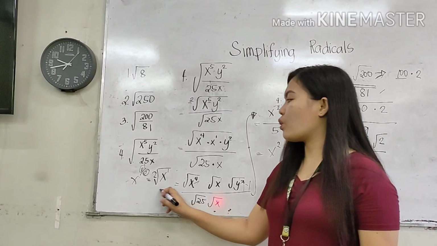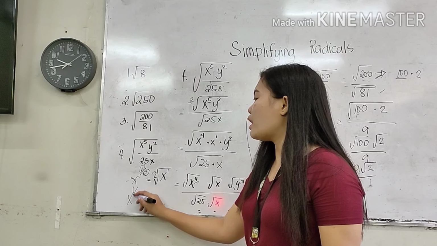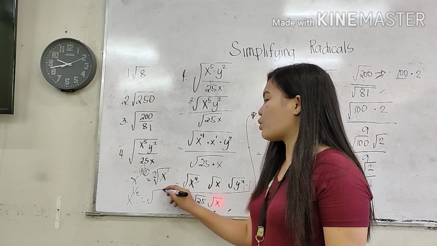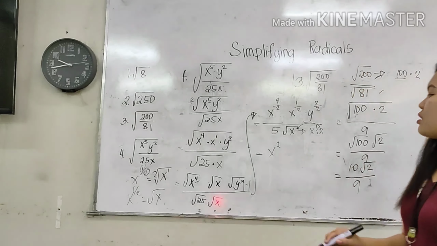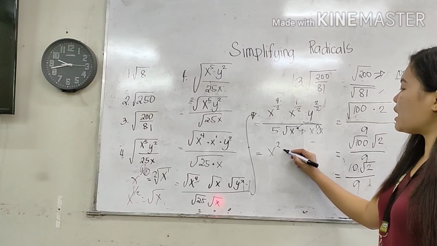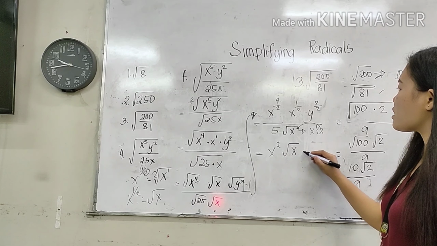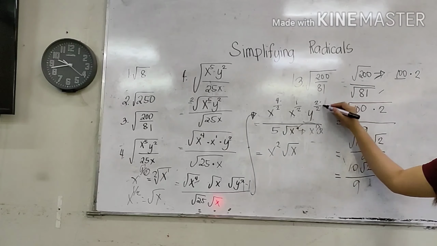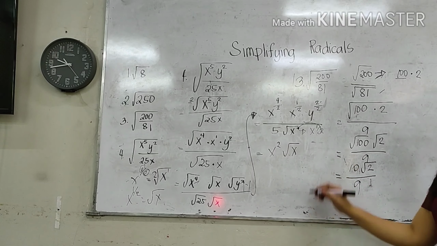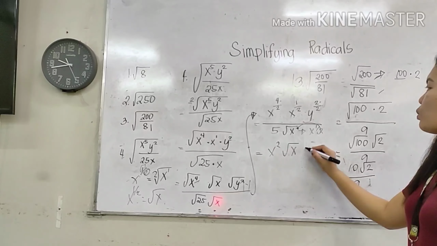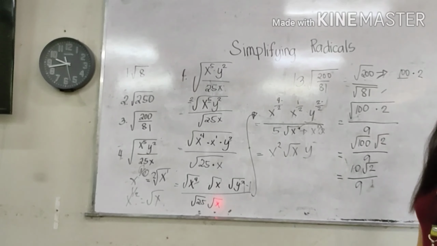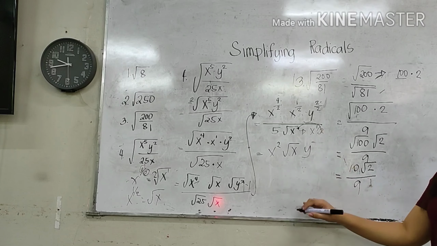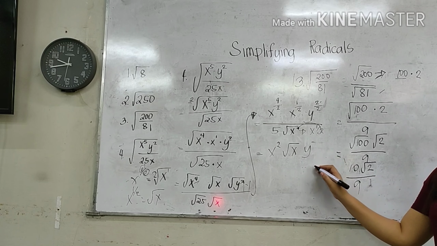So x raised to 1/2 is equal to square root of x. So now we go back to square root of x. Then y raised to 2/2, or 2 divided by 2, is simply equal to 1. The remaining term in simplified form is y.